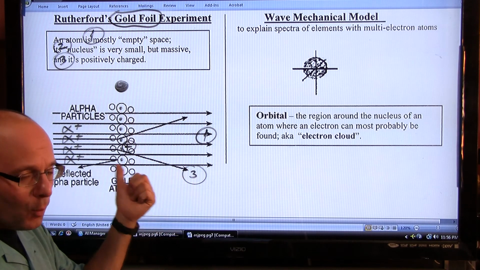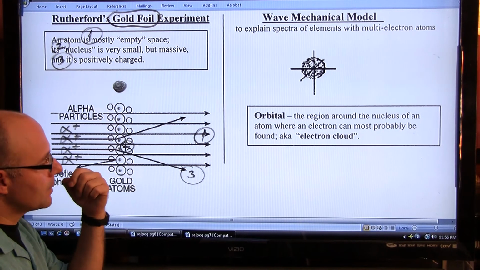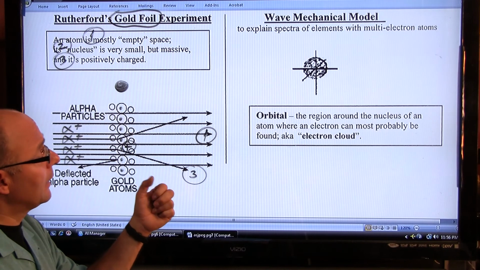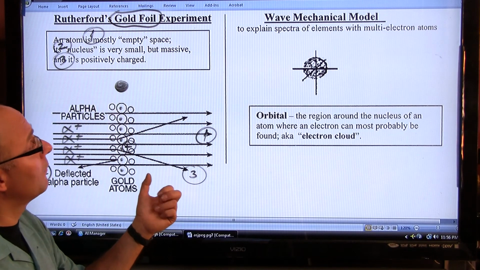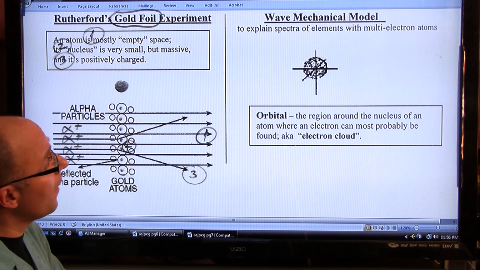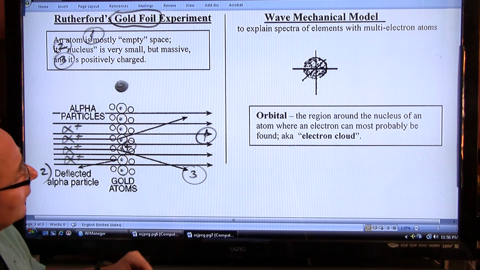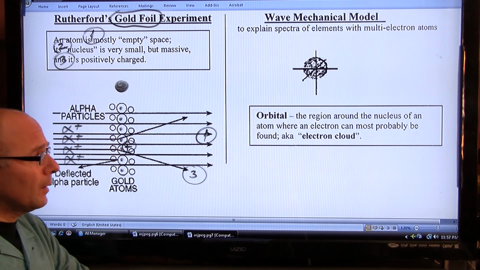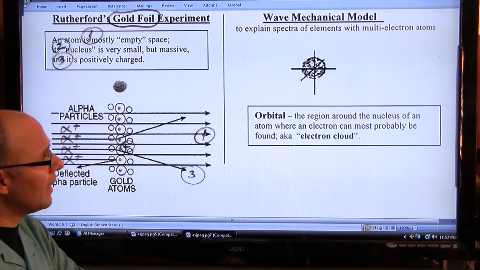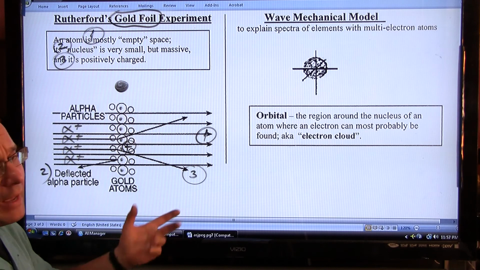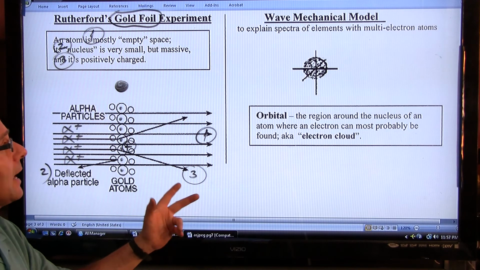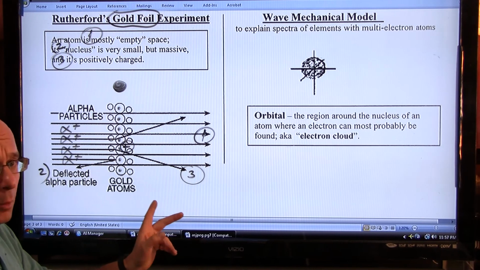The Bohr model was really developed in explaining the spectrum of hydrogen, which has only one electron. So for multi-electron atoms, they came up with this wave mechanical model, and maybe if you took an honors class or something like that, they may have had time to cover this, where they spoke about S, P, D, and F orbitals, not orbits.